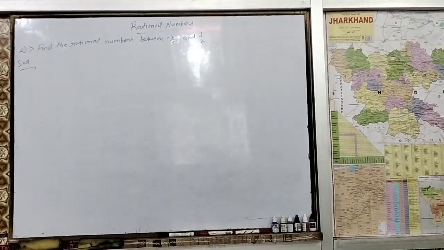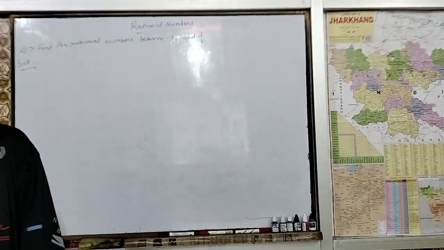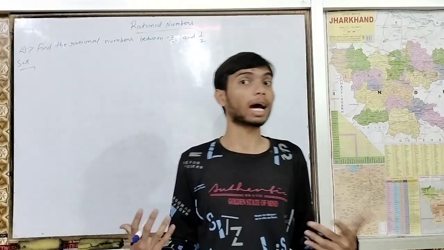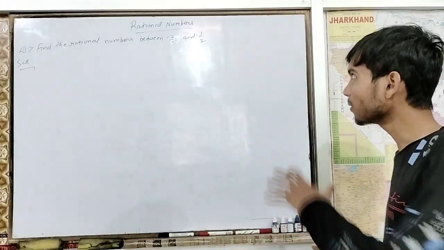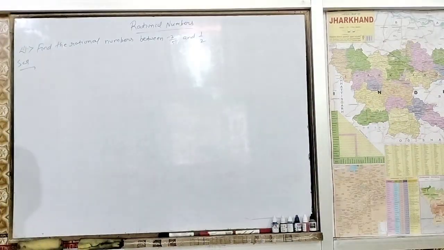Look at this. I know it looks difficult, but we will have to understand it and then solve it. Find the rational numbers between minus 2 upon 5 and 1 upon 2. Here the denominators are not the same. That's why we are not able to find rational numbers between these directly. So here we will have to make the denominators equal. Then we will be able to find the rational numbers.